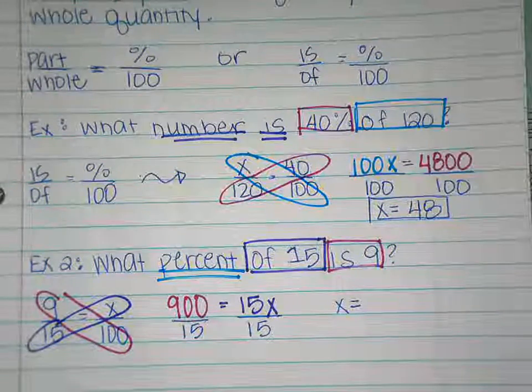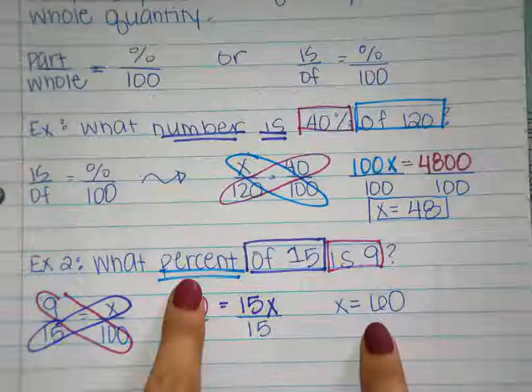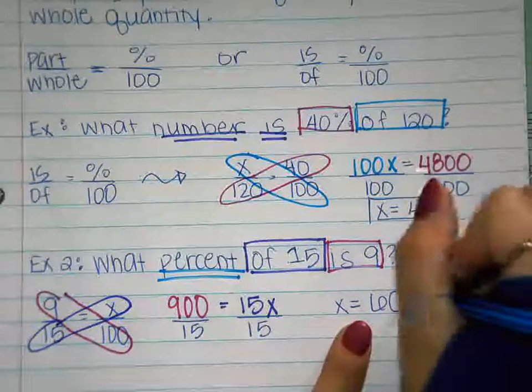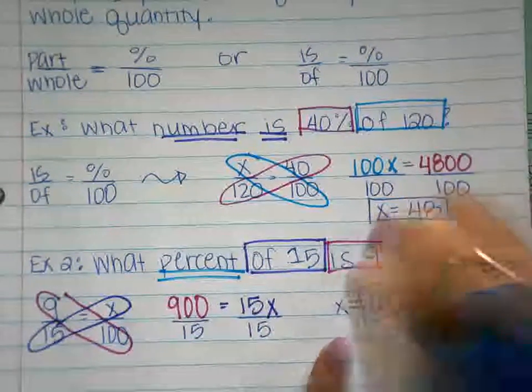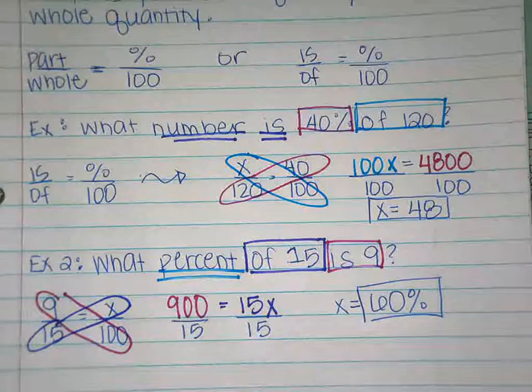What do we get, everyone? 60%. Good. It is 60, but then we have to remember we're looking for that percent, so I have to add a percent sign, so my answer is 60%. So if you got a 9 out of 15 on a test, what percentage did you get? 60%.